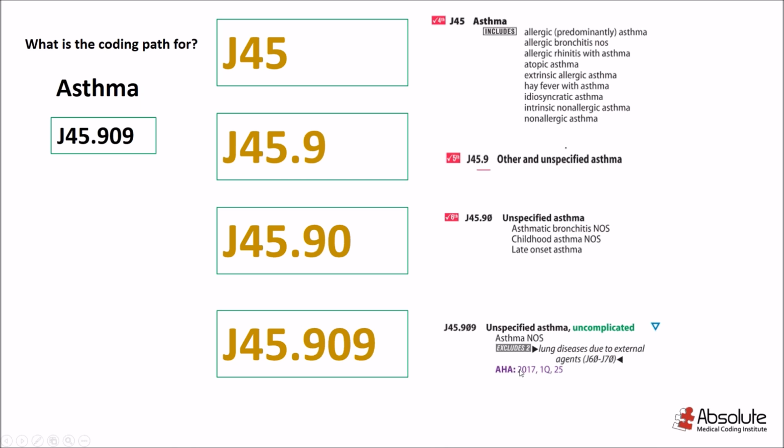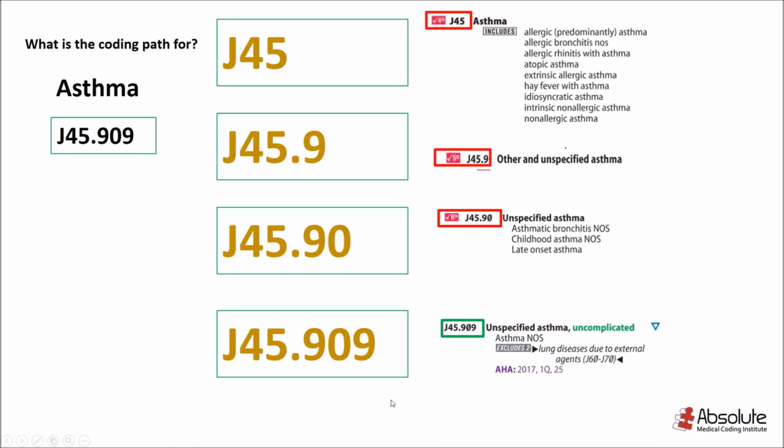Also, if you're looking at the codes, asthma, J45, that's your boss, that's your category. You can't code it because you got a red box next to it. J45.9, got a red box too. You can't code it either. J45.90, can't code that, got a red box next to it, but you sure can code your code.